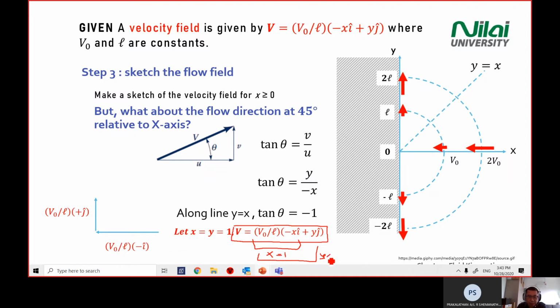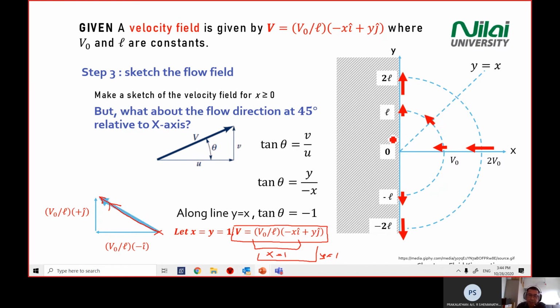We assume our x and y values equal 1. So you get this one and this one. You combine these two vectors and you get a resultant vector, right? In the vector chapter, you get a resultant vector. You get this direction. So you can transfer what you understand from this equation into this diagram.